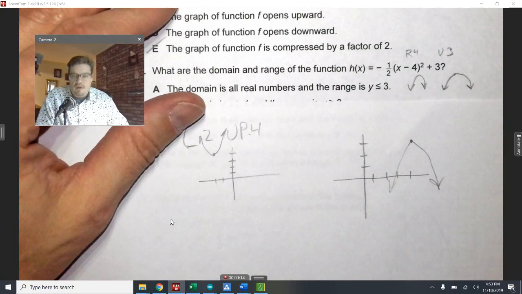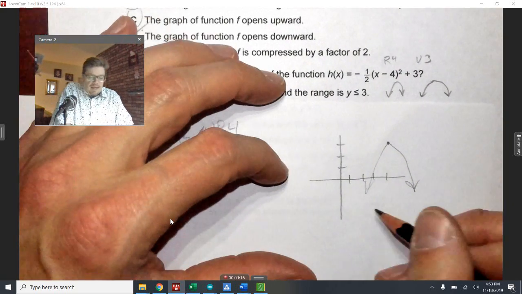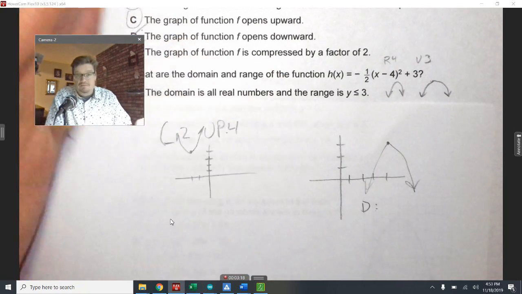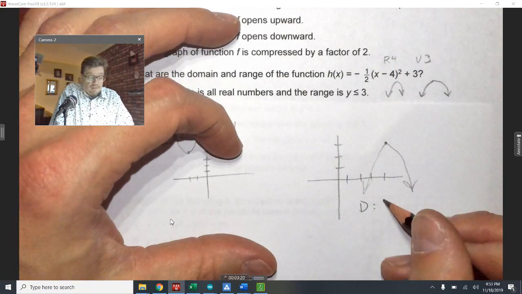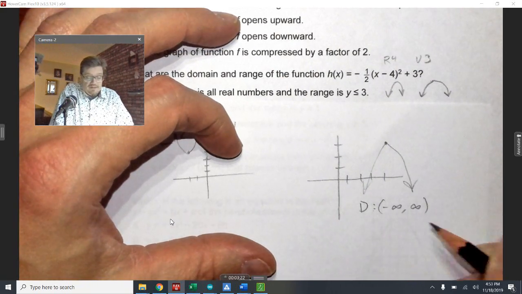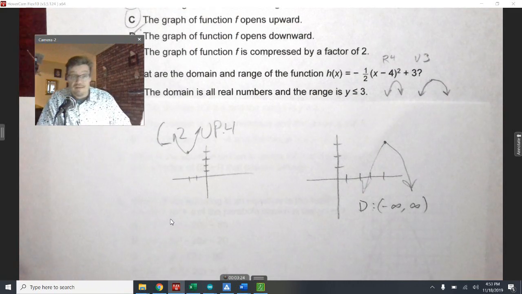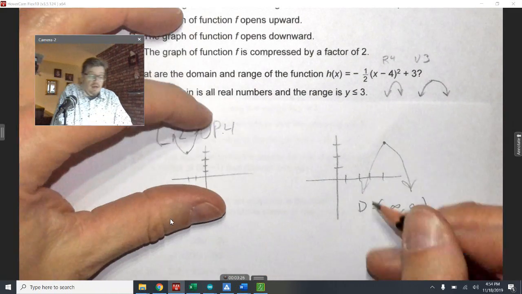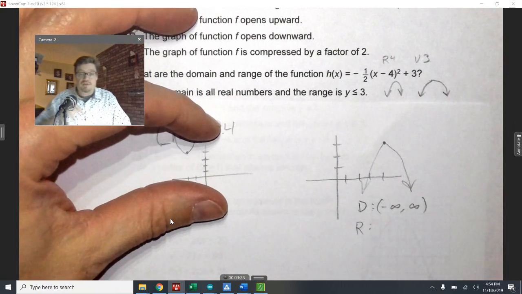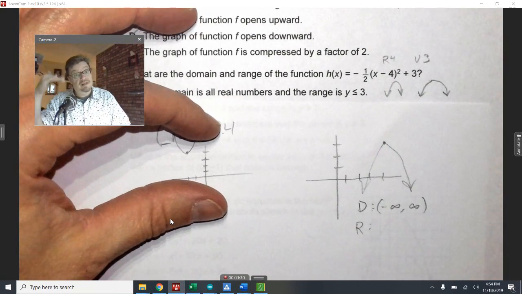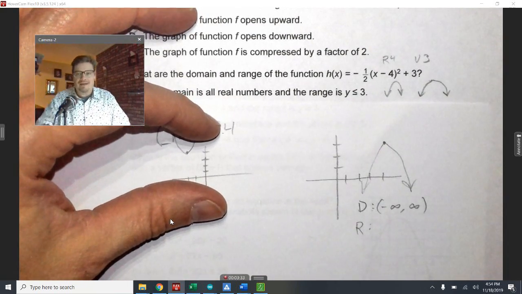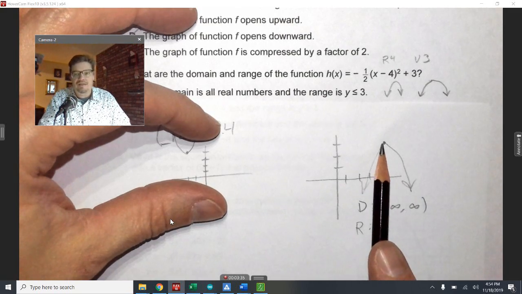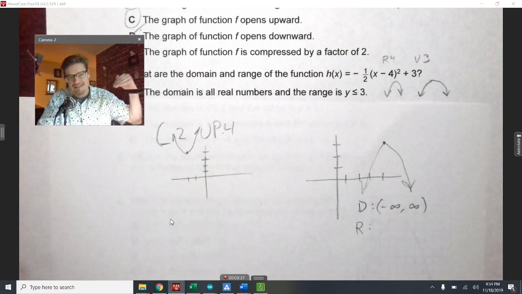Now let's think. The domain for a quadratic is not in pieces, so we're ready to just say all real numbers, from negative infinity to positive infinity. That's totally fine. The range, though, is what's tricky with quadratics because there's definitely a min or a max. And this one is a max because it opens downwards. It has to be the top of the hill.